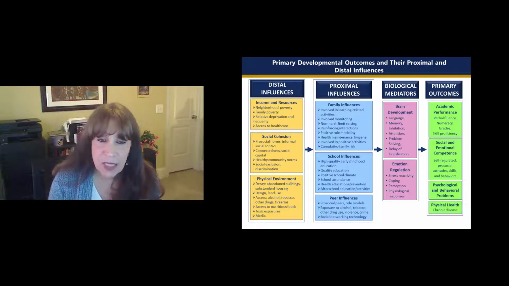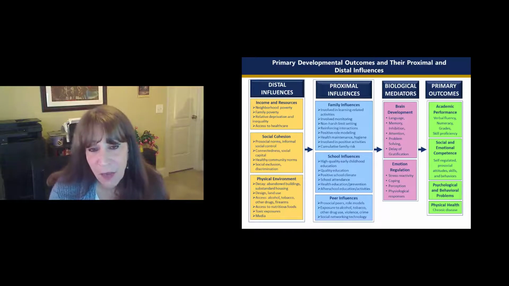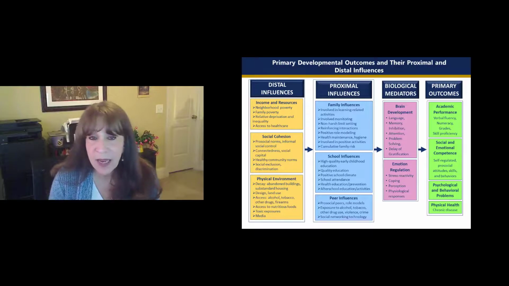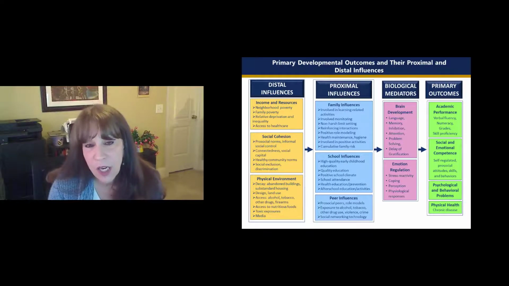Together, these distal and proximal influences have an effect on the way our brain grows, as I said before, and our ability to regulate emotion and behavior. All of these things impact what's happening with our brain in terms of our language development, our ability to be attentive, problem solving, delay of gratification, and so forth, which are all undergirded by structures in the brain.